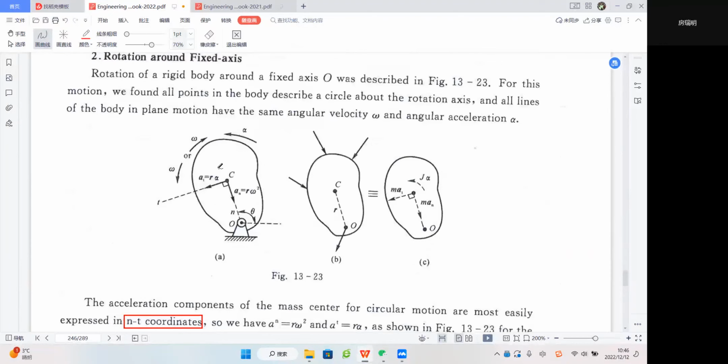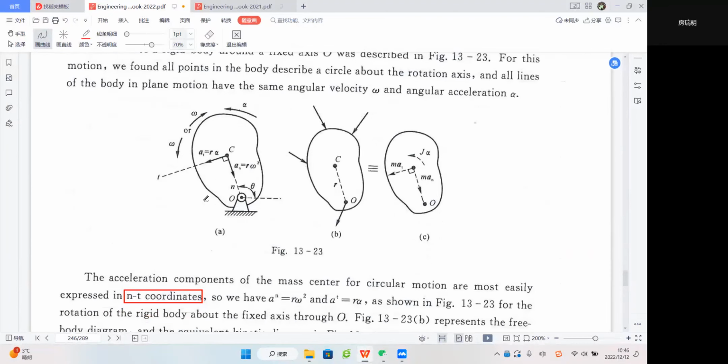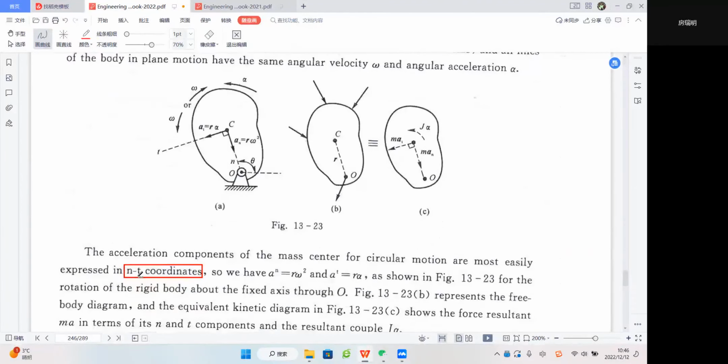It's quite easy to use natural coordinate system to describe its two components. So that is the so-called acceleration of the mass center, right? That is, we can write AC actually equal what? AT plus AN, right?